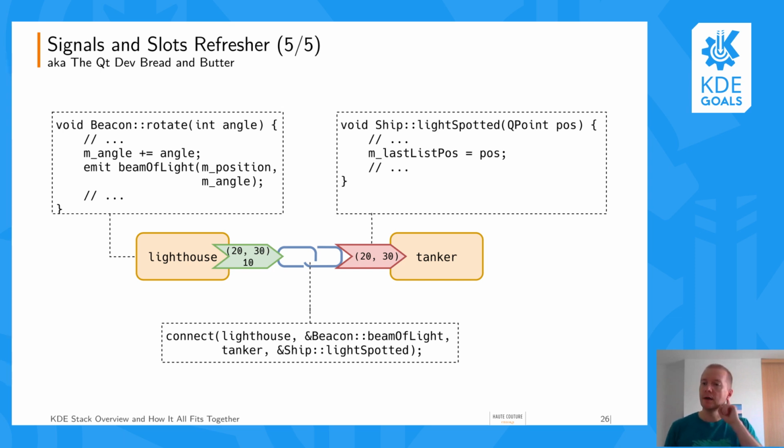On the other side, we have the implementation for lightSpotted, which would receive our position, and then we can memorize that, oh, there's one lighthouse there, and I will use that to find my way. And the connect is basically what makes sure that the information goes. One important point to see there is that we don't provide an implementation for the signal. That's provided for us by the moc, basically, but we provide the implementation for the slots.